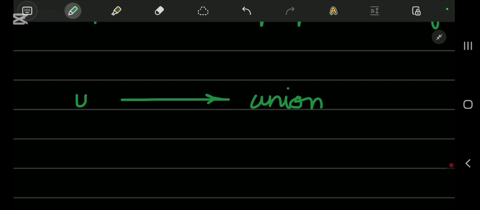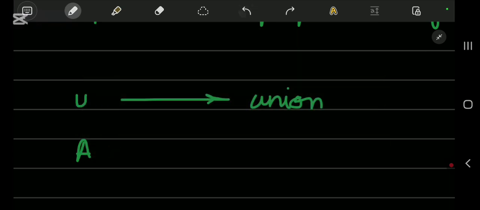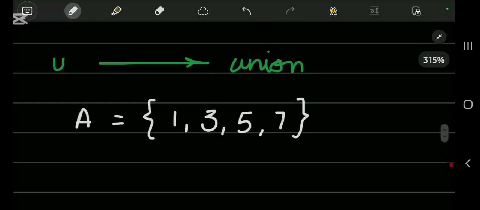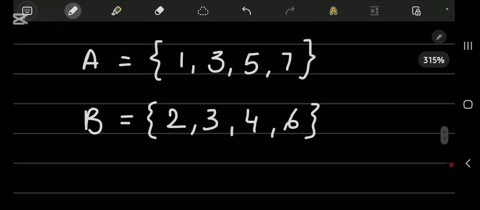For example, if you have set A to be 1, 3, 5 and 7, and set B to be 2, 3, 4, 6, just writing any random numbers. So how do we represent the union?